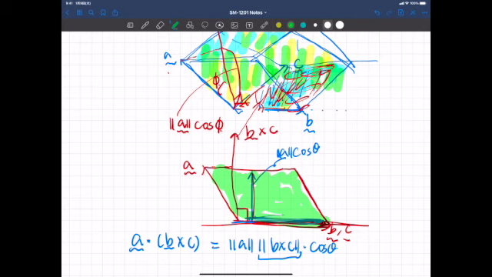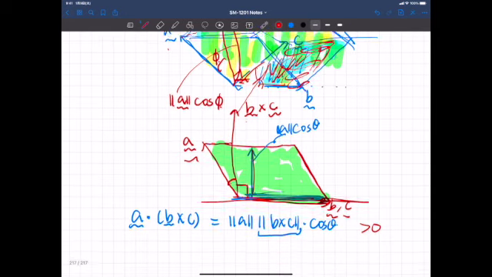However, it has a sign. It may be positive or negative. In case A and B cross C are pointing in more or less the same direction, that is, the angle between them is less than 90 degrees or half pi, then this is positive.